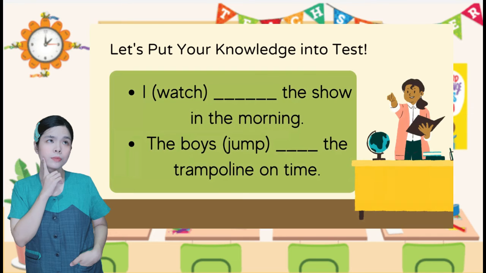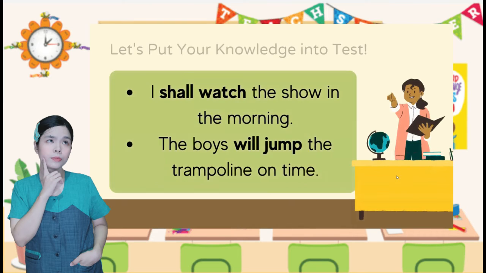The verb here is jump. What is the future tense of the verb jump? Great job. The boys will jump. Let's see once again: I shall watch the show in the morning, and the boys will jump the trampoline on time.